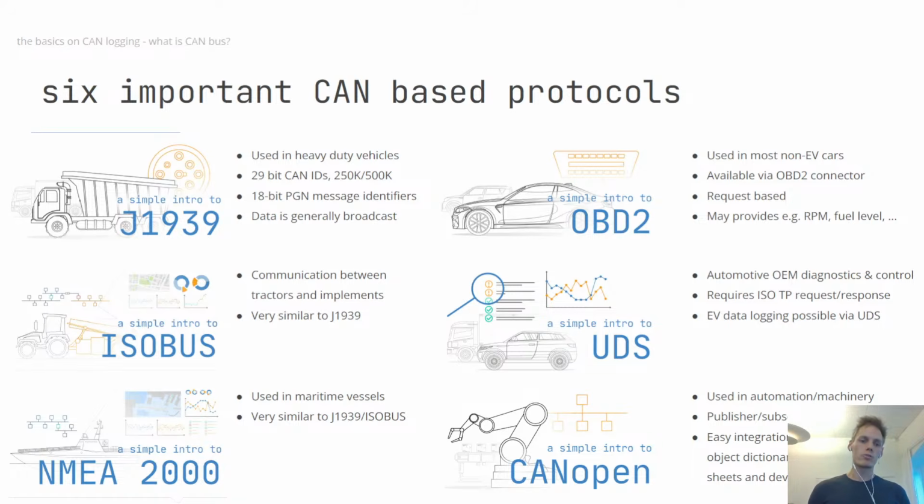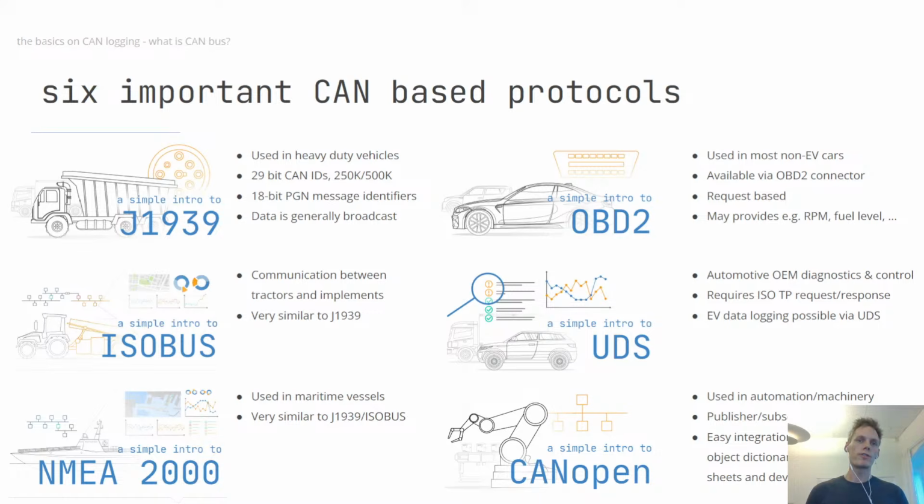You have ISOBUS, which is very similar to J1939, being used in agriculture applications like tractors and implements. Then you have UDS, which is a bit like OBD2, but more of an OEM diagnostics protocol, and also used increasingly in electric vehicles as well.